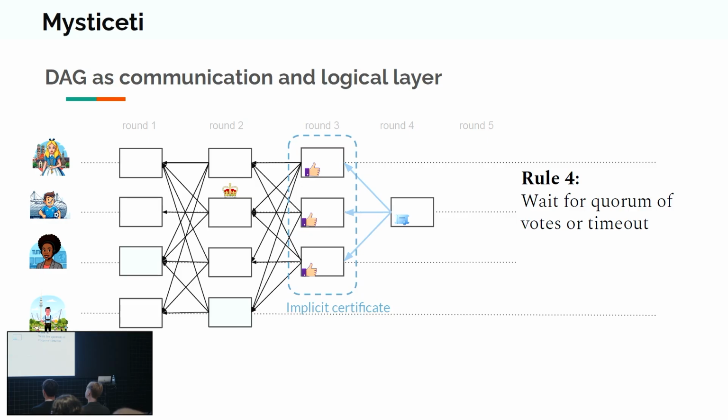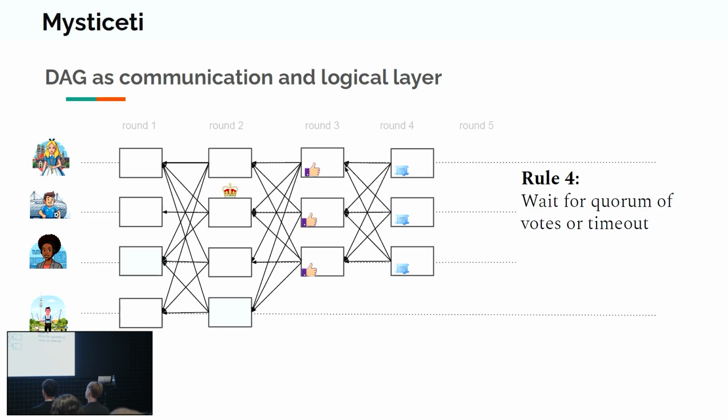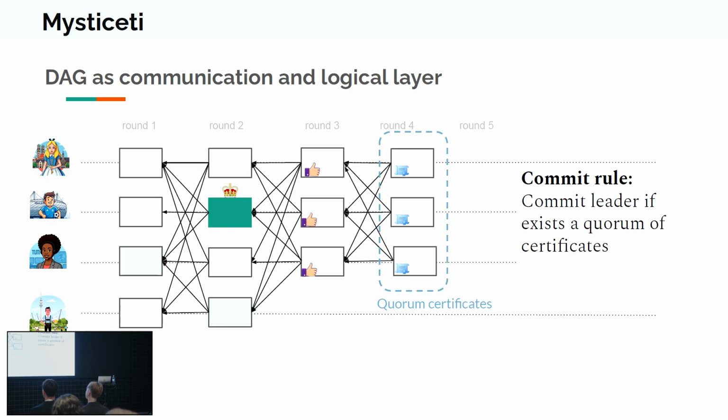Here we just do the same. This guy basically observes this quorum. But previously we needed a quorum of such blocks. So if we have a quorum of these blocks, then we can commit this leader. This is the place where we mimic the same logic as we had previously.